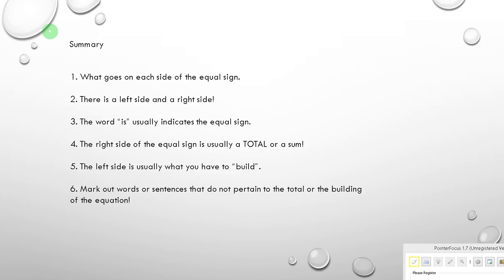When you find the word is and there's a number beside it or a combination of a number beside it, that's your equals and that's your right-hand side. Once you get the right-hand side, all you have to work on then is the left-hand side, which usually consists of 2 or 3 parts, and then establish where you see a number, that's x, and the x is usually going to be your first number.